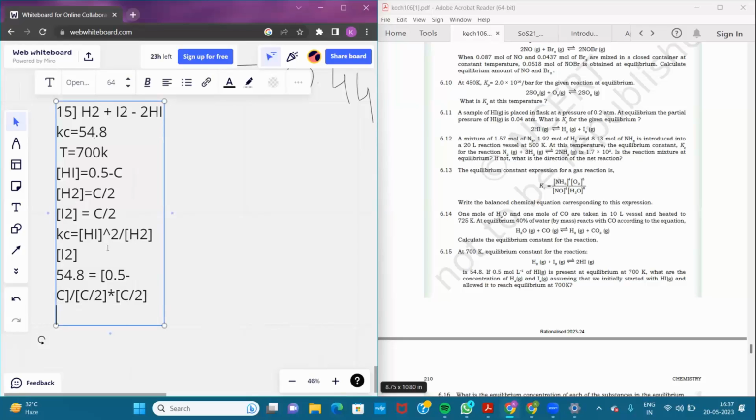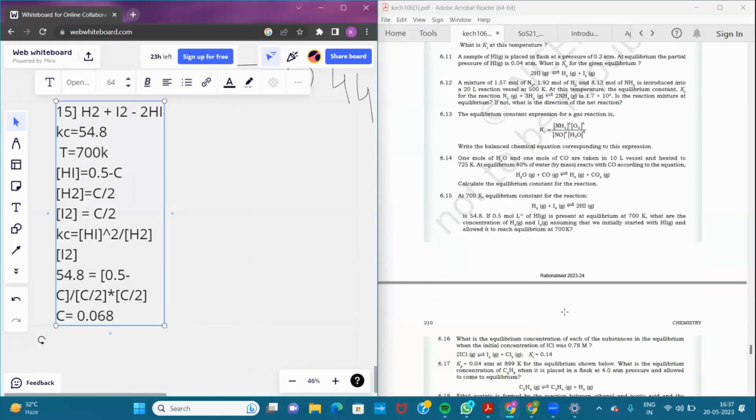On calculation, we'll get C as approximately 0.068.